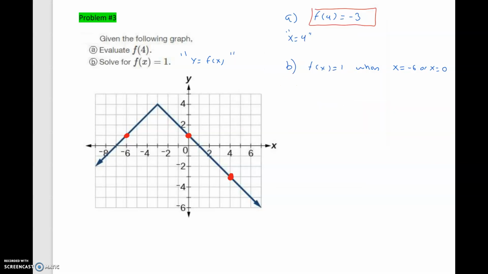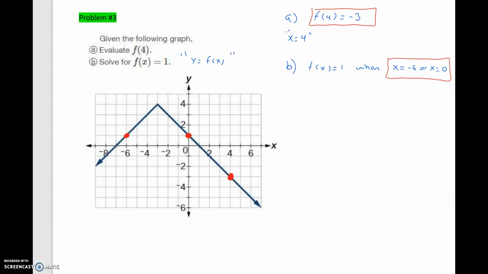So same idea of what we did on the previous problems, but here we're not using algebra. We're just looking at the sketch. In this case, your function is 1 when your x is 0 and your x is equal to -6. They don't want them as coordinate points. That's all they're asking for on problem 3.